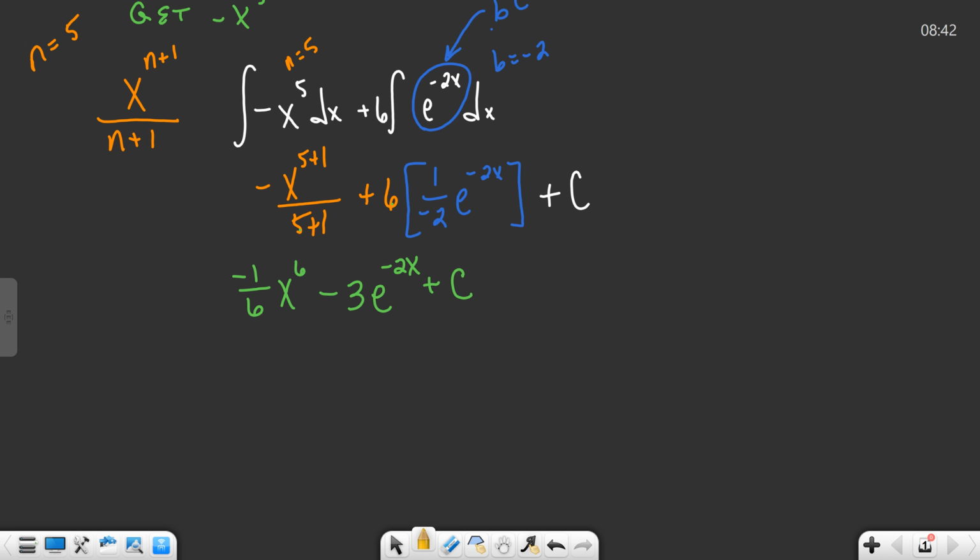And the reason for that is, if I take the derivative of this term, I should get negative x to the fifth. And if I take the derivative of this term, I should get 6 e to the negative 2x. Well, what is the derivative of any constant? The derivative of any constant is 0.